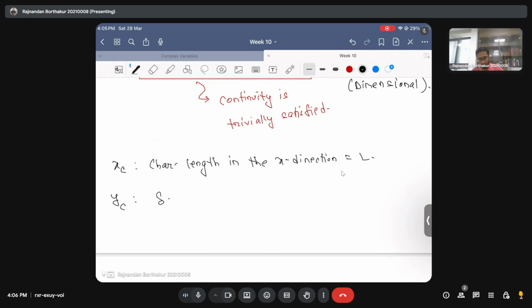There is a problem if you choose yc to be L, and that problem is the D'Alembert paradox. The D'Alembert paradox says that if you choose the characteristic length as L, practically the plate experiences a viscous force, but theoretically the viscous term simply drops out of the Navier-Stokes equation in the x direction, which is a problem, right?